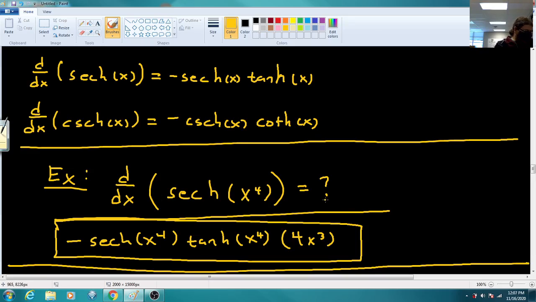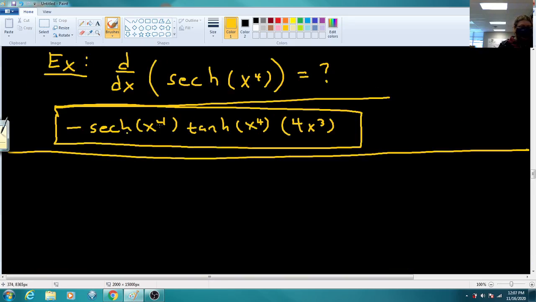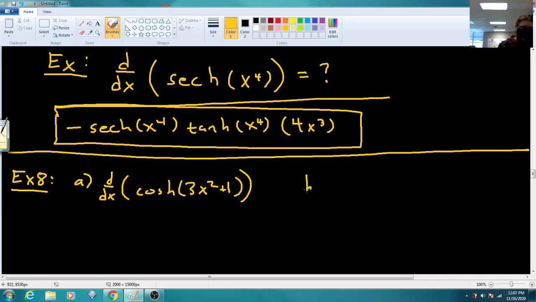Do a little bit from the book. The book wants us to find, for example, 8, I guess. We got part A. Find d/dx of hyperbolic cosine of 3x squared plus 1. And part B, take the derivative of hyperbolic sine times hyperbolic tangent.